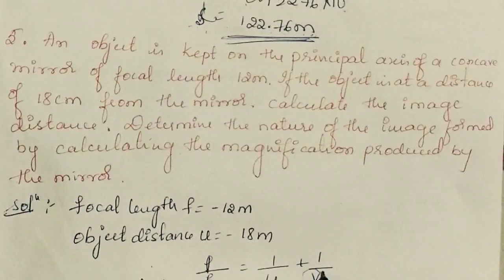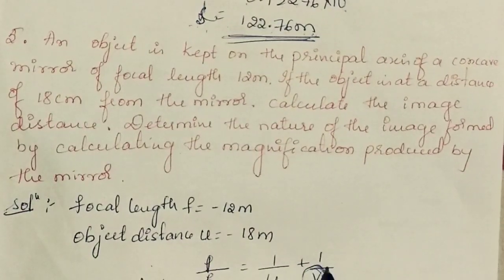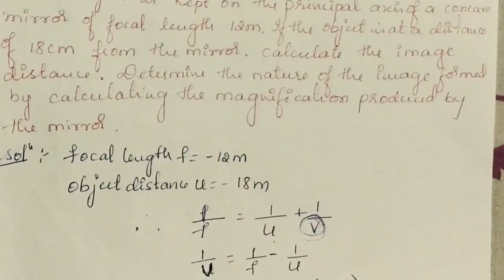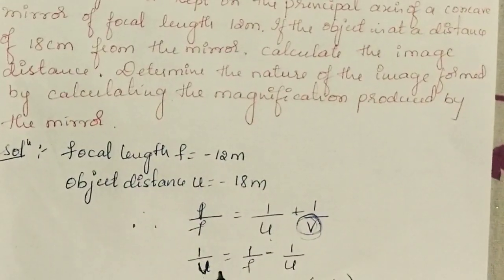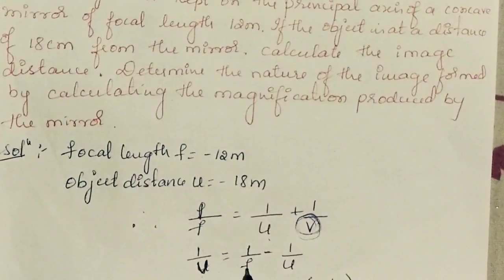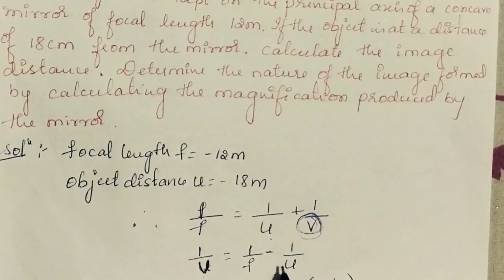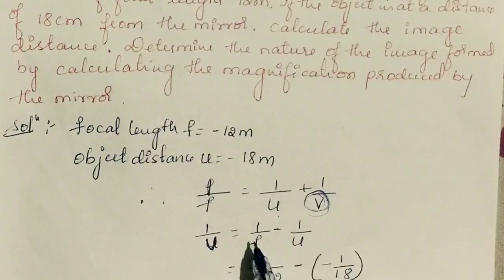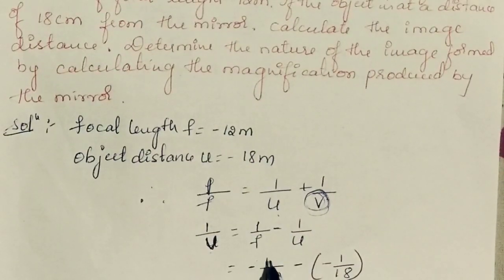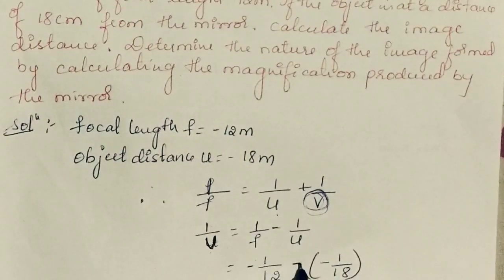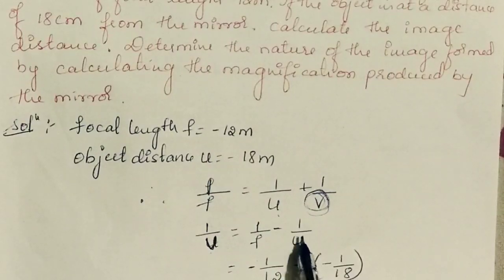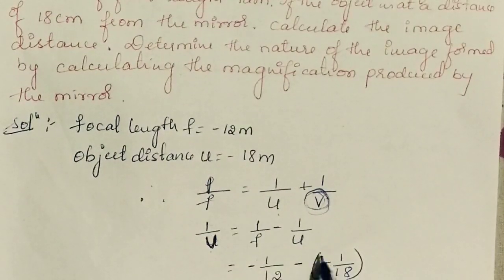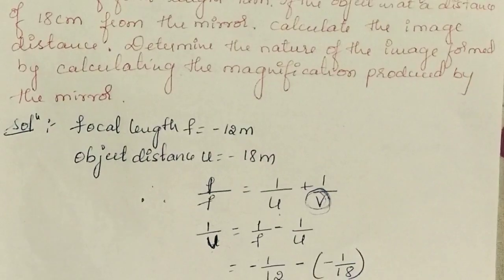We should find the image distance, so I am taking 1 by v on the left side. 1 by v is equal to 1 by f minus 1 by u. Substitute the values into this formula. What is the value of f? Minus 12. So minus 1 by 12 minus 1 by u, and the value of u is minus 18, so minus into minus 1 by 18.